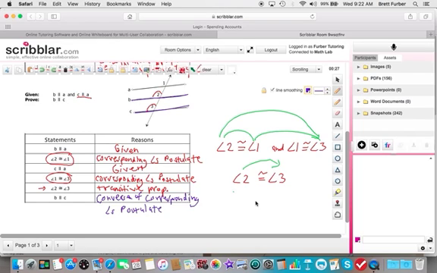That's the second one on page 29 of that purple sheet. If two lines and a transversal, meaning they cross, form corresponding angles that are congruent, then the two lines are parallel. So if angle 2 and angle 3 are congruent, which we proved by the transitive property, and they are located on line B and line C, then line B and line C must be parallel.